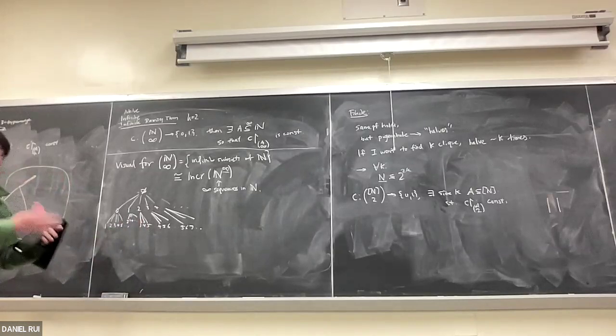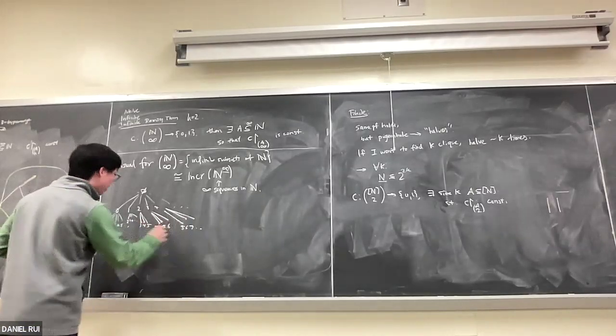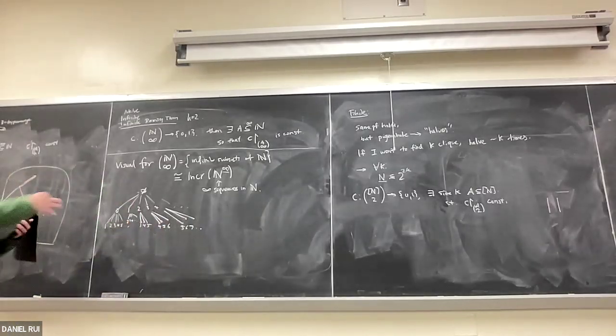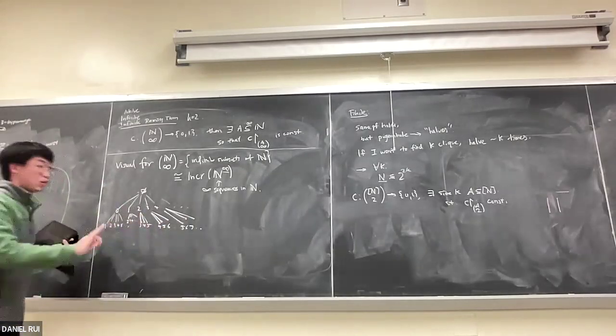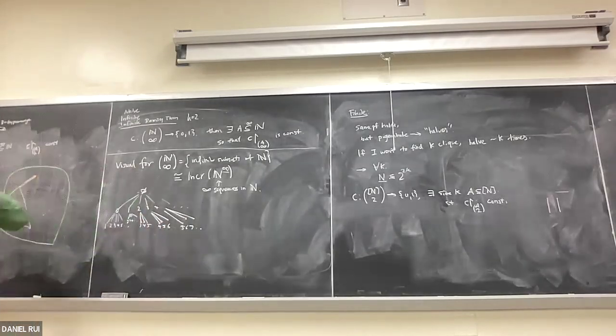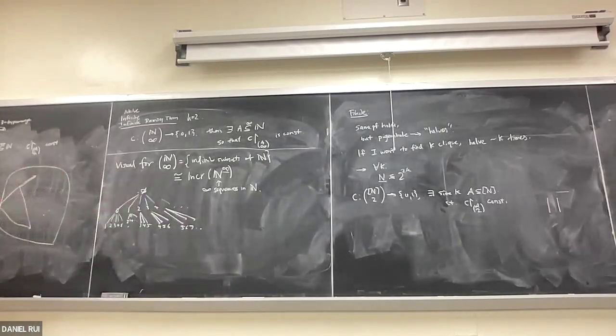The other ones will be colored yellow, but I only color the red ones for now. And these correspond with, say, 2, 3 being an edge in the infinite graph that is colored red. 2, 5 in this case is not colored red, so it's colored yellow. So the coloring of the graph corresponds with me coloring a bunch of points on the second layer of this tree. Does this make sense?